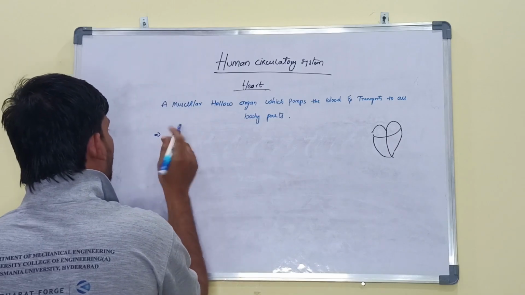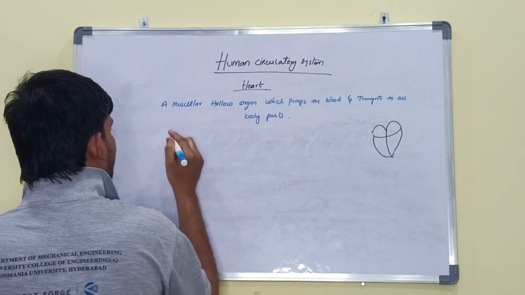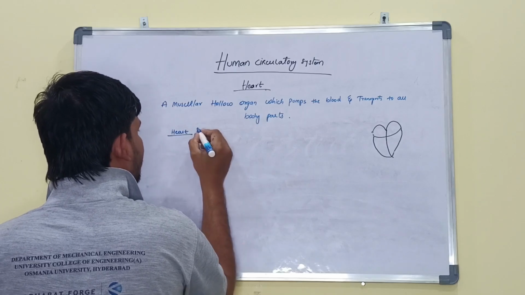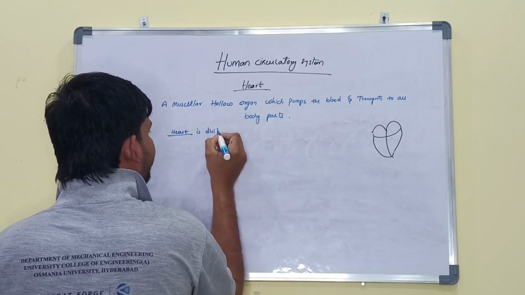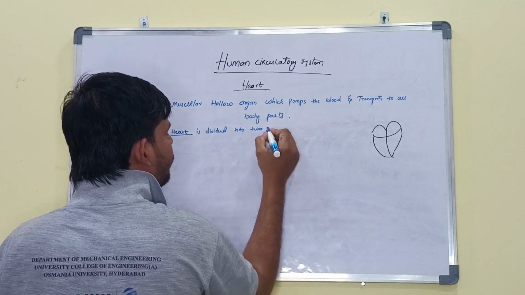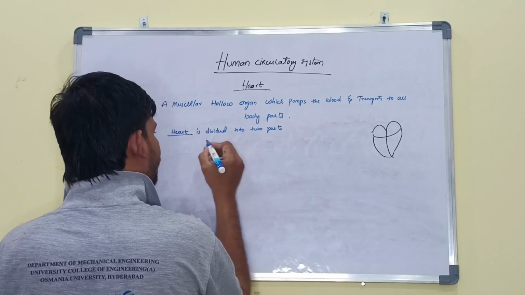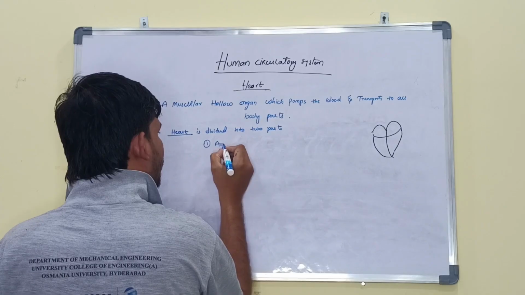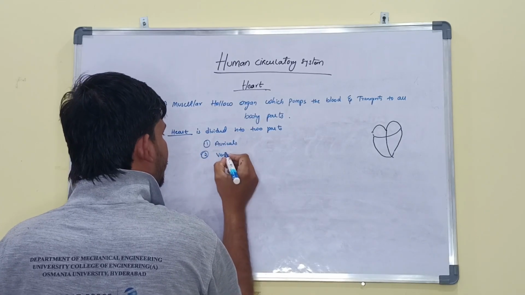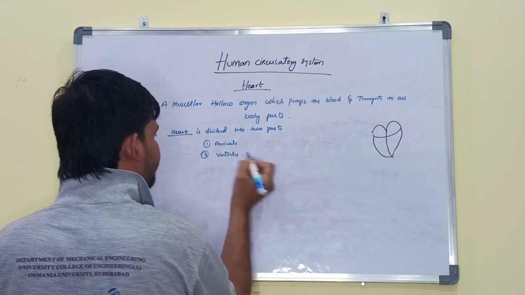Second one, now heart is divided into two parts. First one is auricles and second one is ventricles.